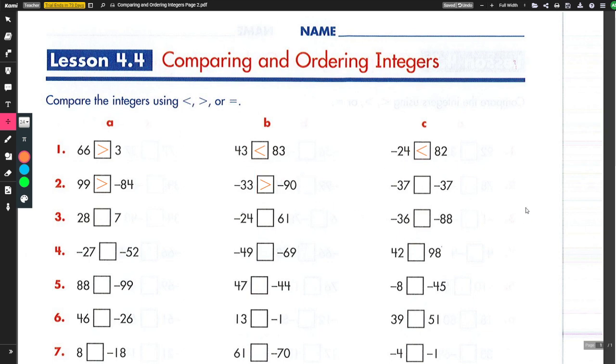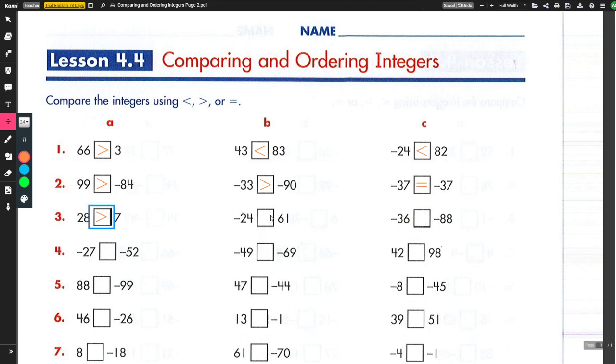Okay, negative 37 and negative 37. That one's pretty easy. It's equal. Some of these may be equal, but make sure you're looking at the sign, because I can tell they're going to throw some tricky ones where it might have been 37 and negative 37. 37 and negative 37 are not the same. Okay, we'll do one last row. 28 and 7. 28 is going to be bigger there.